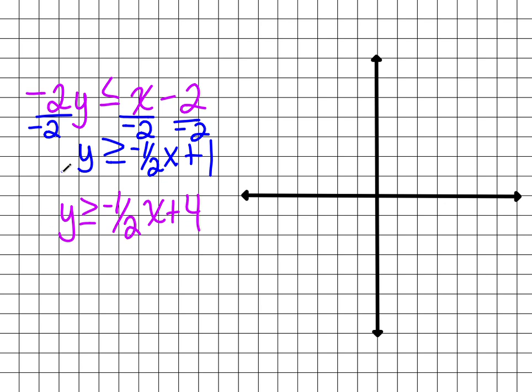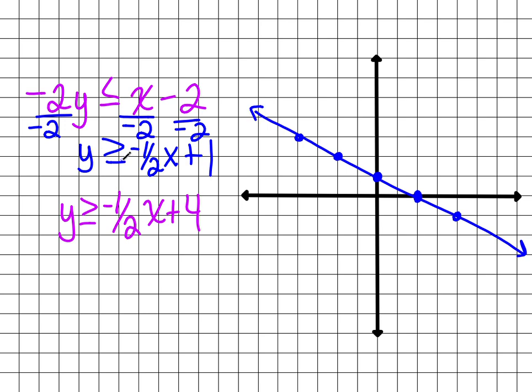Now I'm going to graph these two linear inequalities. And what we notice is they have the same slope. So yes, they are going to be parallel, but let's see what happens with my shading, because a couple things could happen when shading. Here I'm going to start at 1, the b, down 1, right 2, down 1, right 2, up 1, left 2. We have an or equal to on both, so we're going to have a solid line.